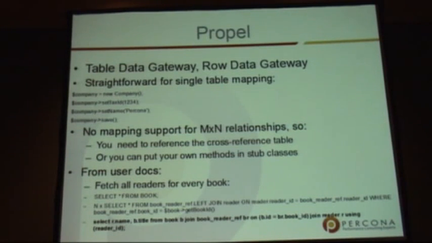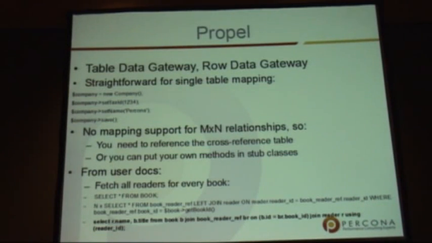This example is from the user documentation. If you're going to get all the readers for every book, it will do it in two steps. It will decompose the join, basically. It will do a select star from book, and then for every book ID that it gets, it will do a select star and do this join. But you will get n queries, depending on the number of rows that the book table has.